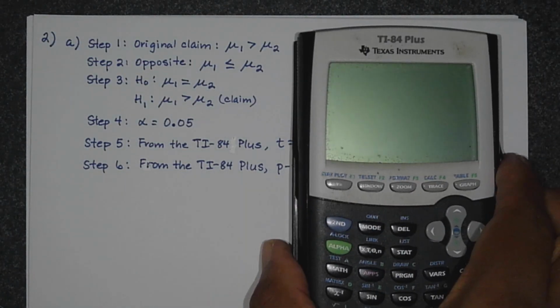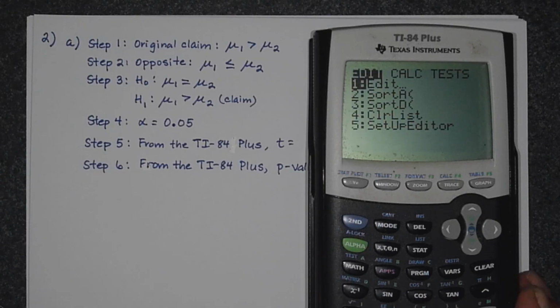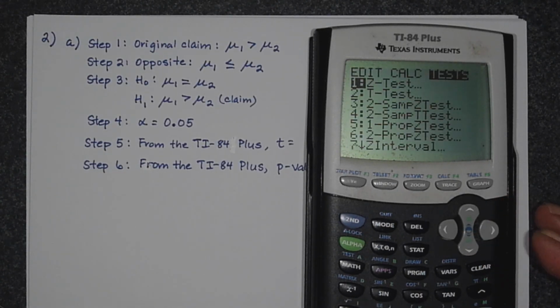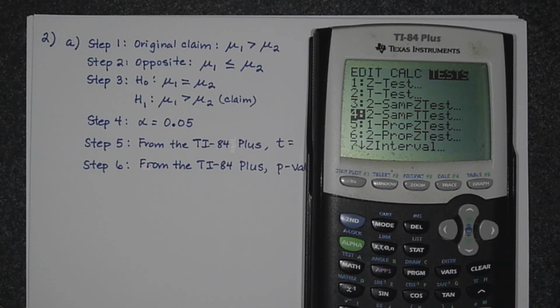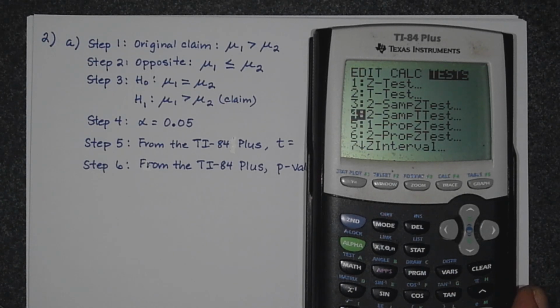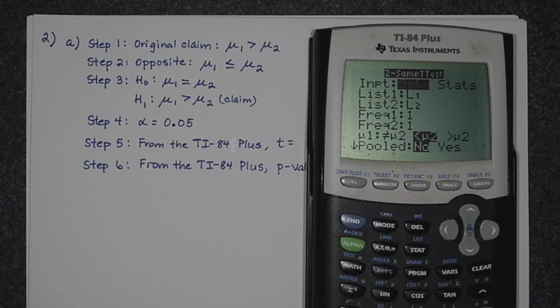Okay, so to do that, here we're going to press the stat key, go over to test. In this case, we're going to select the 2-sample t-test item, which is this right here, 2-sample t-test. And then press enter. Now I need stats to be highlighted. So if that's not the case here, you want to use your right arrow key, put the cursor on top of the word stats, and then press enter.